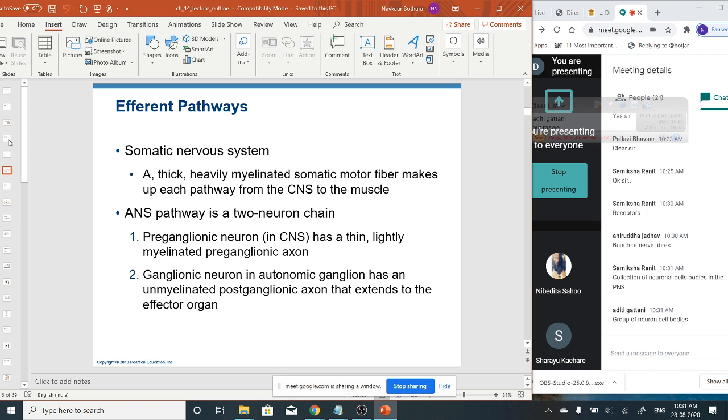Collection of neural cell bodies in the nervous system, a group of. Yes, my same question is there: either a bunch of neuron fibers, or, as Aditya is informing, a group of neuron cell bodies. Suppose it is the thalamus or hypothalamus. Is it not a group of cell bodies? Or the cerebrum, is it not a group of neuron cell bodies?